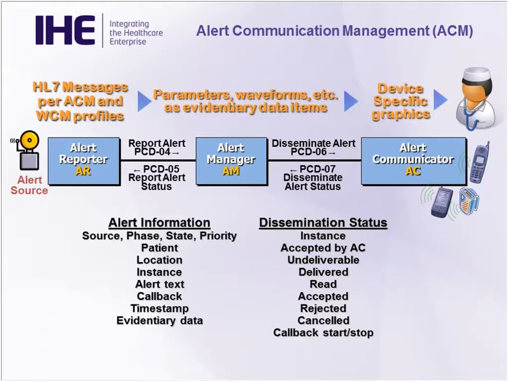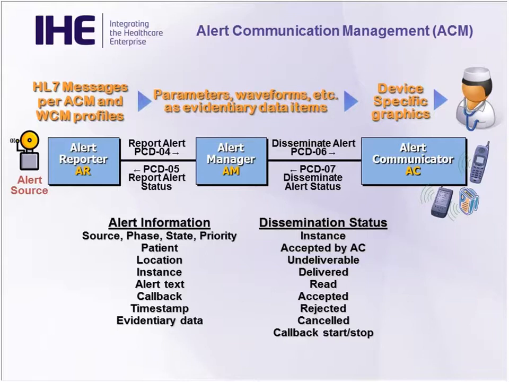Because you can have the same kind of alert going to different clinicians on different shifts, the ACM profile abstracts all of that assignment management from the reporting system. So all they do is produce the alert, and the manager maps it onto which clinician for which patient gets it on this duty shift, and then sends that out to the communicator.